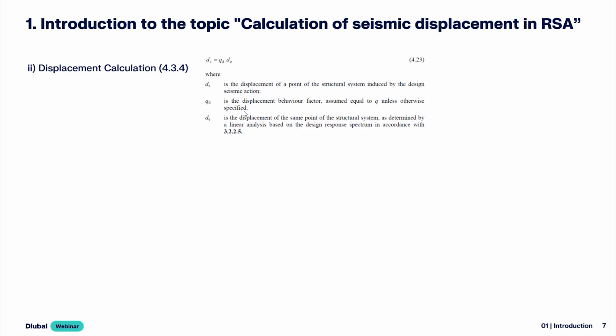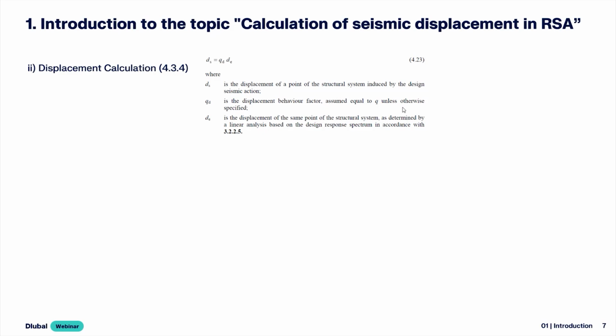So this means that we are going to take our displacement calculated according to the design spectrum. So here the section 3225, which corresponds to the design spectrum. This means the spectrum divided by Q. And then we multiply by QD, which in general is the same value.